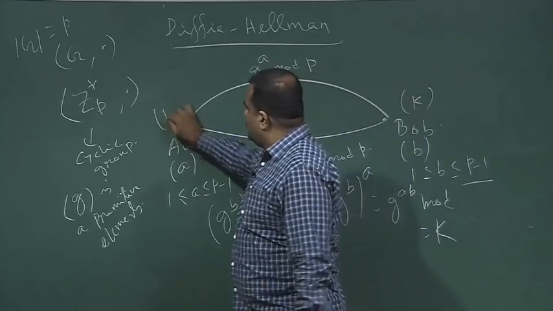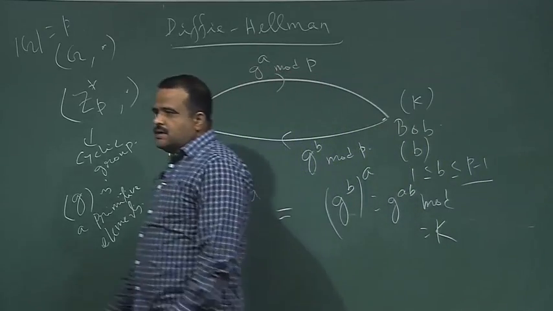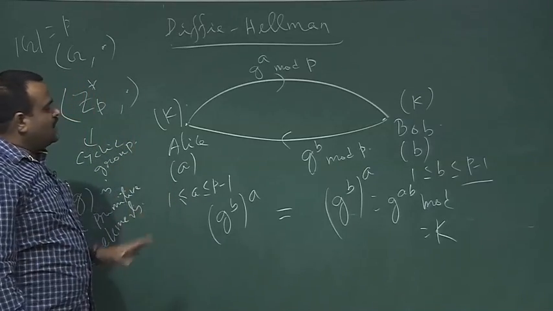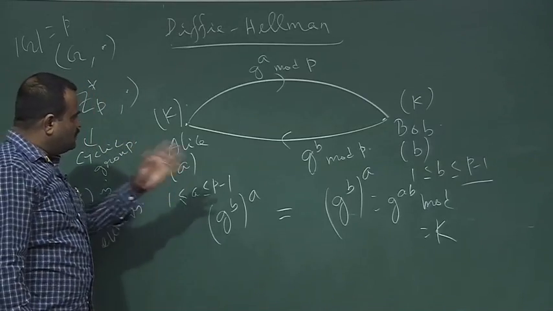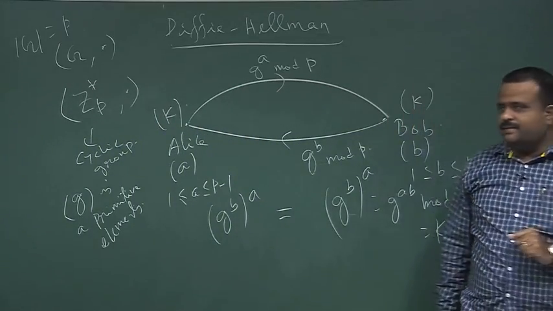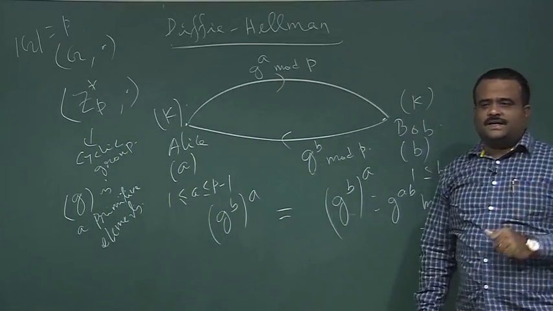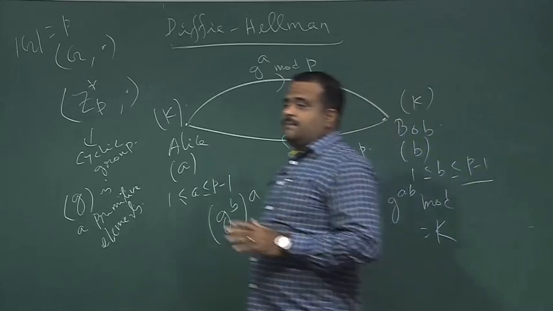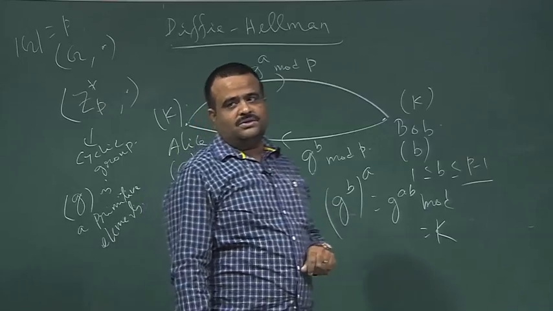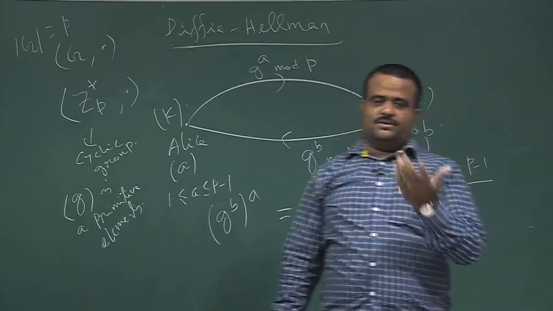So this is the common key they agreed on. Now they have a key for their symmetric key encryption and decryption. This is the Diffie-Hellman key exchange protocol we know. Now we talk about an active attack on this. In a passive attack, the adversary is only listening to the public channel, seeing what is communicated between Alice and Bob.